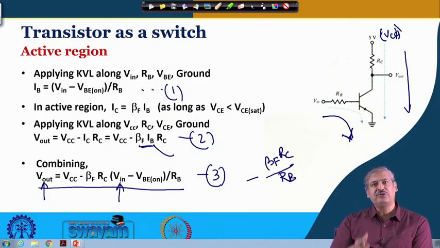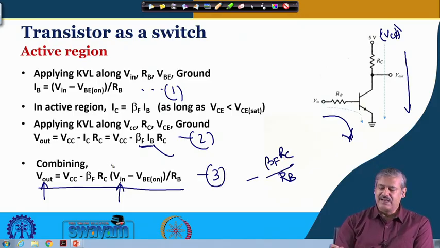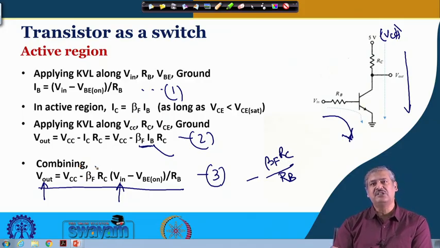So, we would like to have RC more compared to RB, an increase in RC. But again we shall see later, if we increase RC, then the circuit's current delivery capacity, the IC part of it, gets reduced, which makes it difficult for the circuit to get connected to many other circuits. That particular thing also we shall see today.